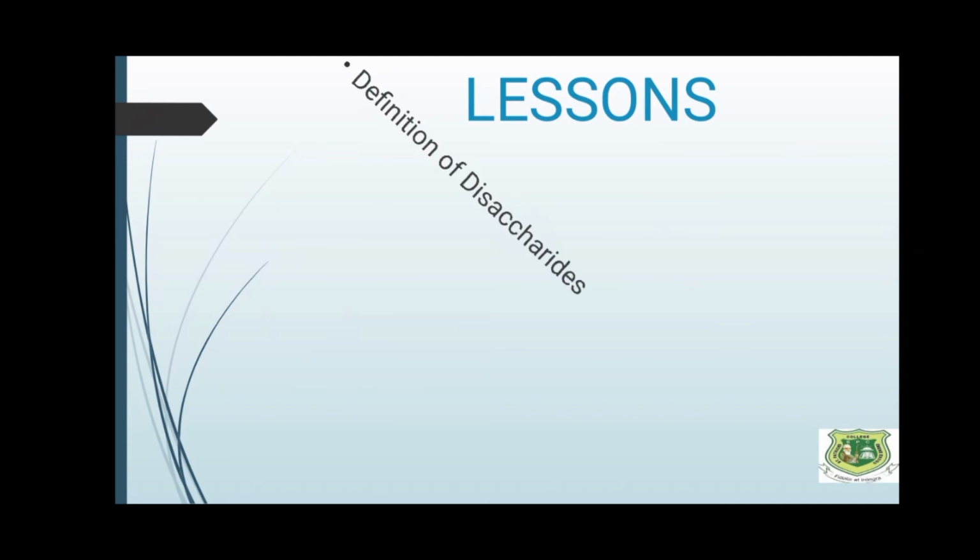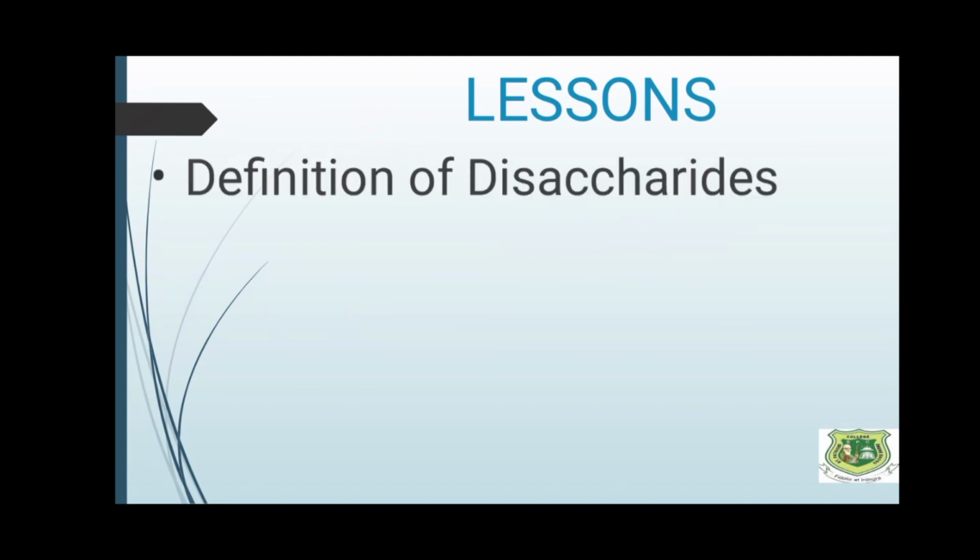Now let's go to point number 1, definition of disaccharides. Disaccharides are sugars formed by the condensation reaction between two molecules of monosaccharides, which may be the same or different. What is a condensation reaction?